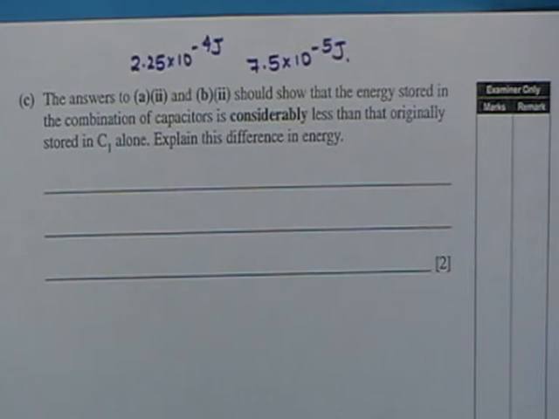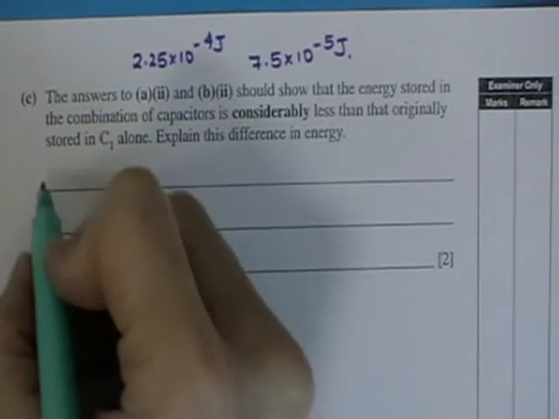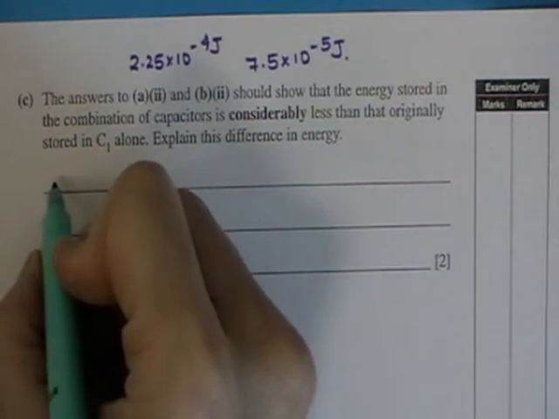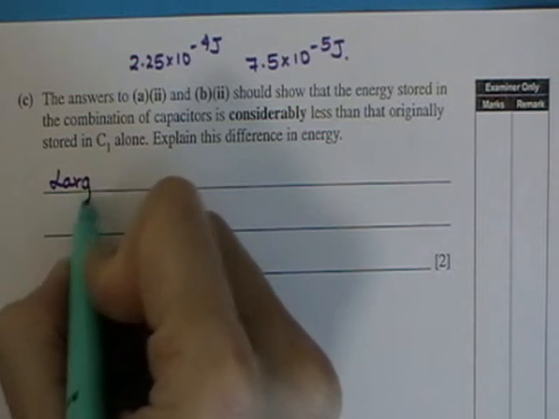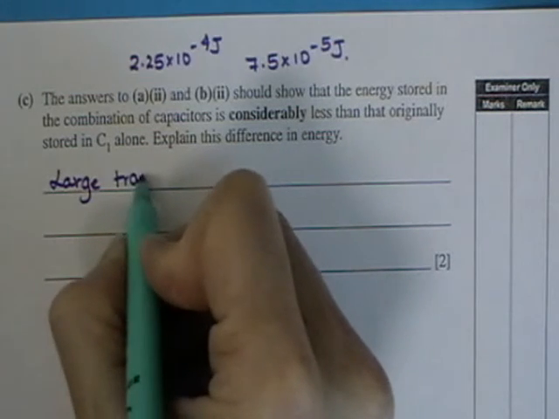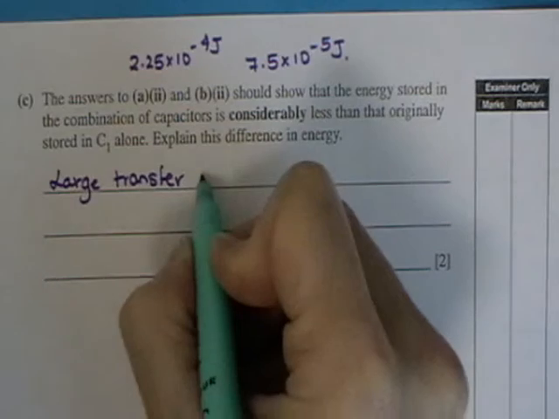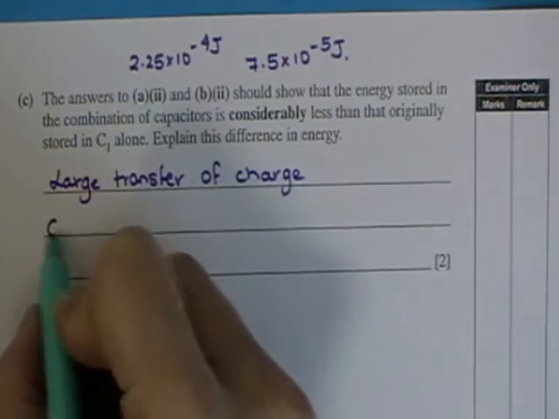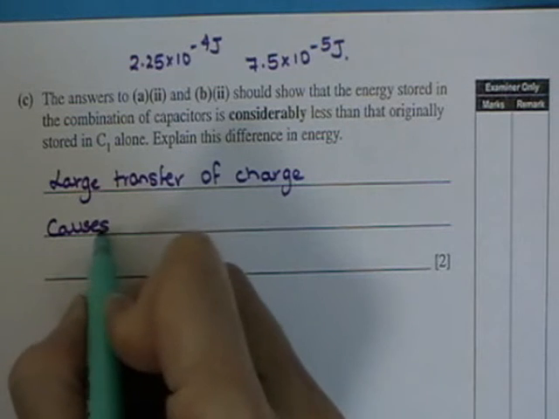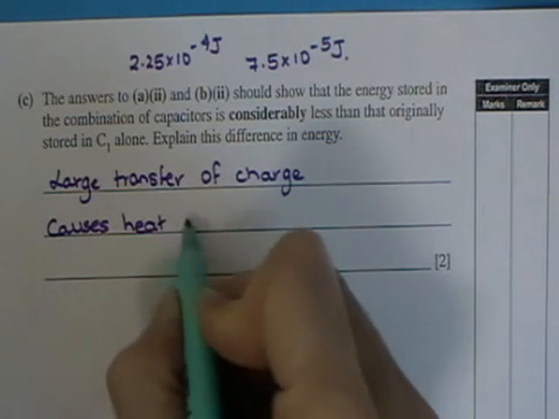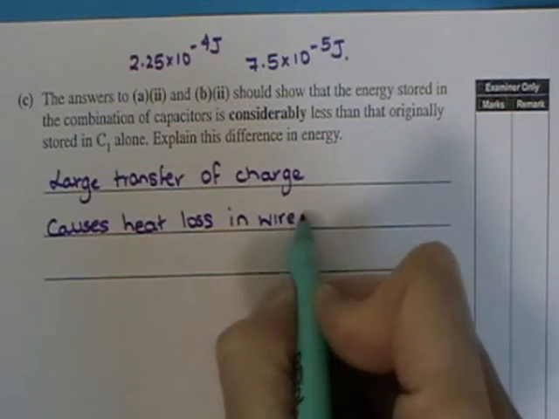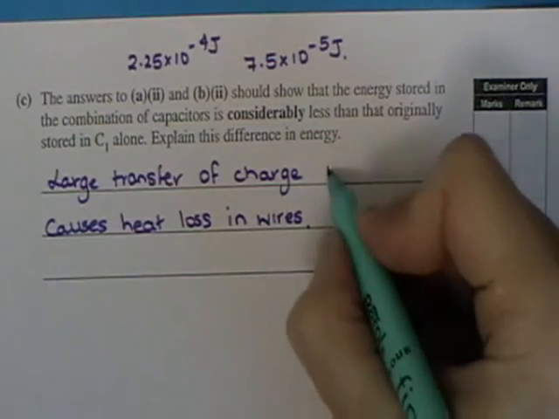Explain this difference in energy. So you can say something about the fact that there's a large transfer of charge, and again that causes heat loss in the wires. And that's your 2 marks there.